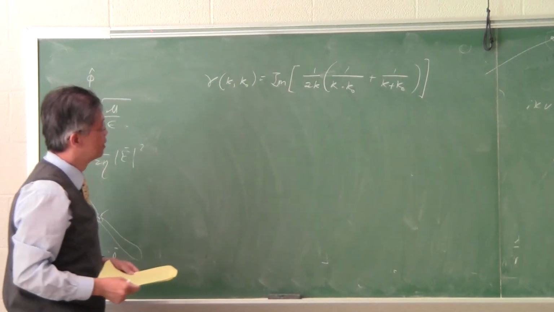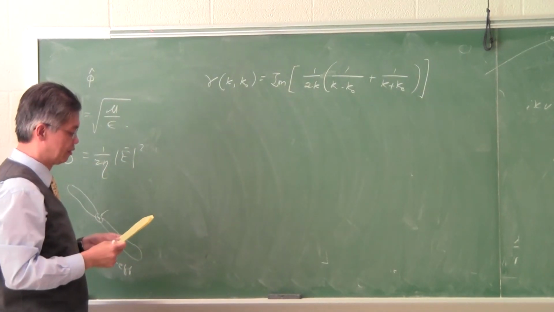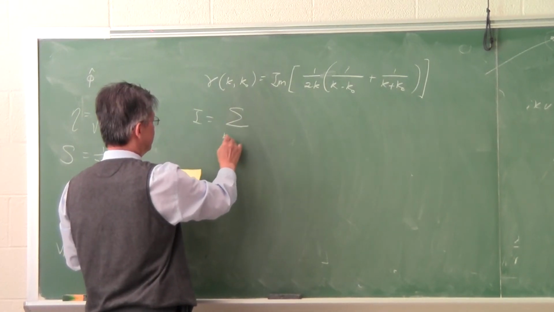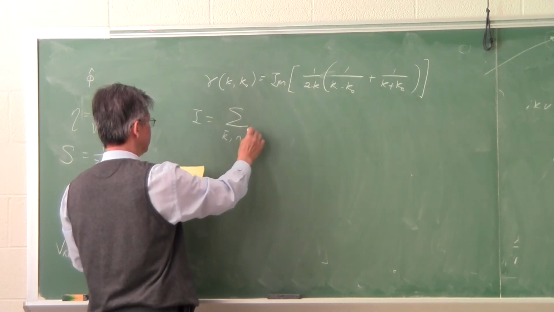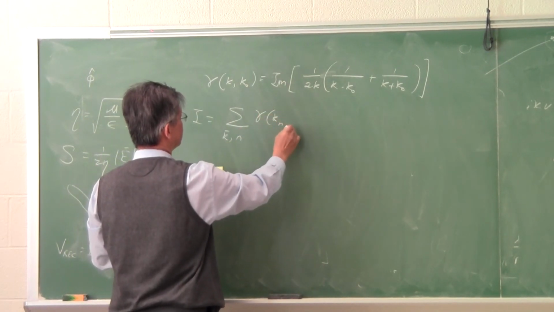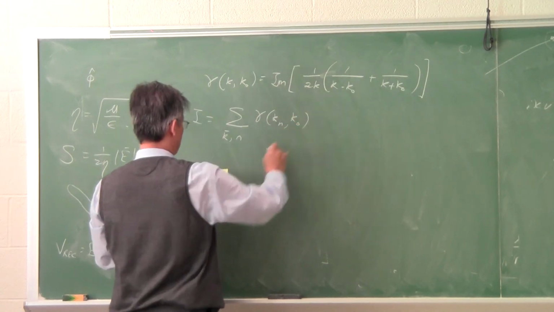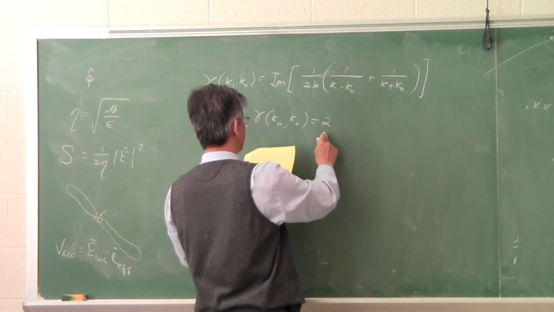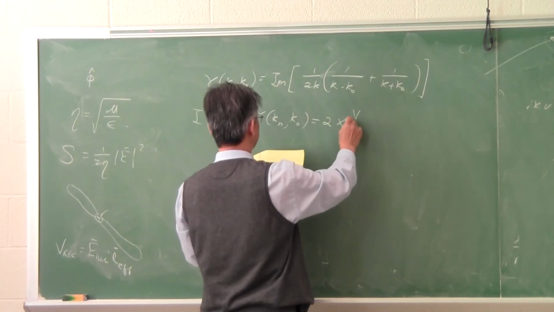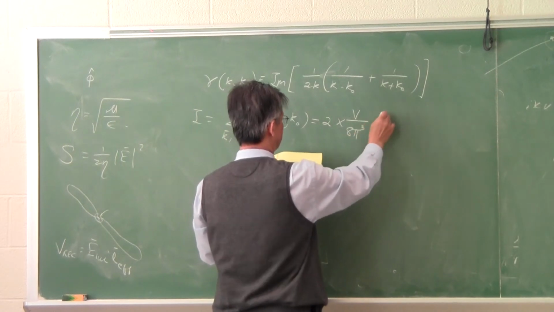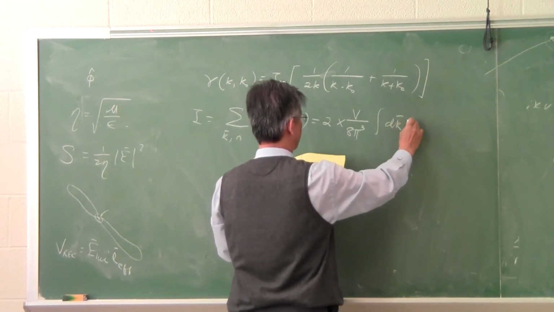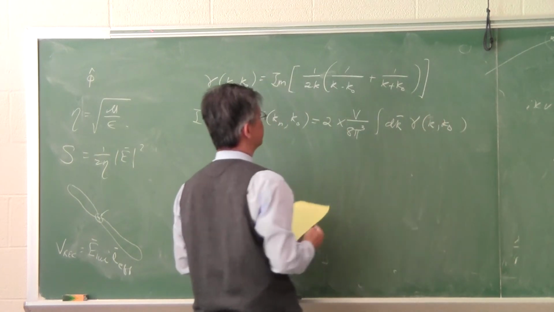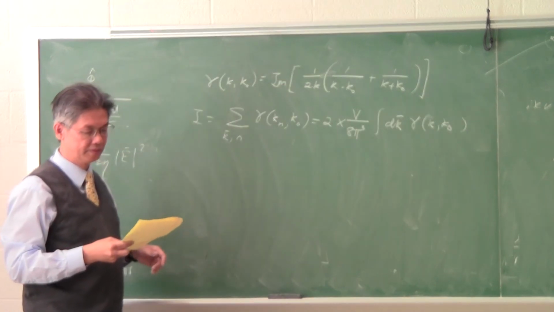This is something that we like to sum over all possible wave directions and all possible polarizations. This becomes an integral. The two polarizations become a factor of 2, and then the summation becomes 8 pi cubed dk gamma k naught, and gamma k naught is that quantity above.